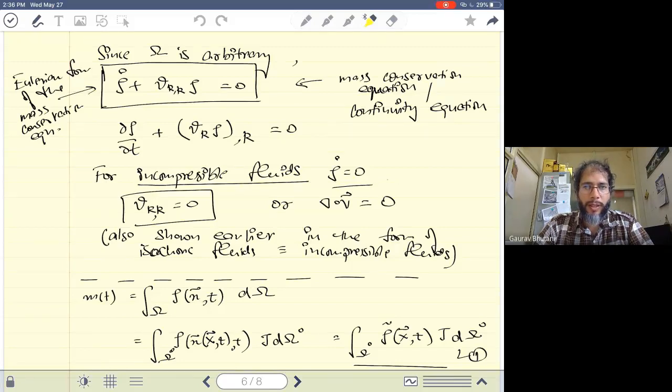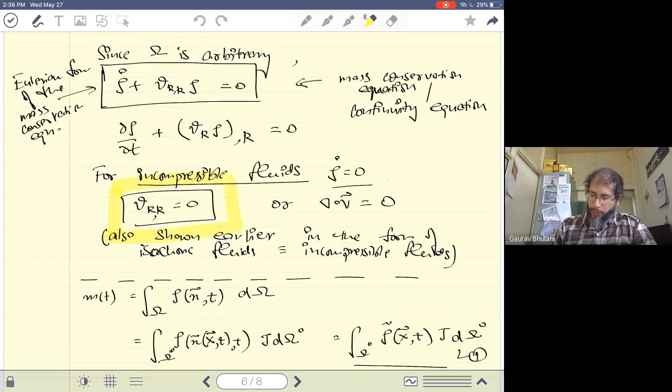So in that case, d by dt of rho is 0. That gives us a simplified form of the conservation of mass equation, which is simply that the divergence of the velocity field is identically 0.